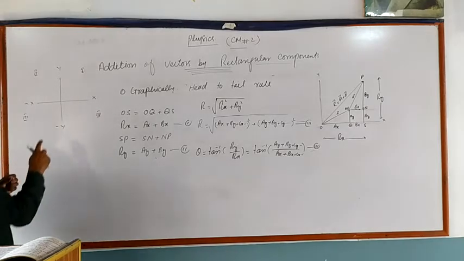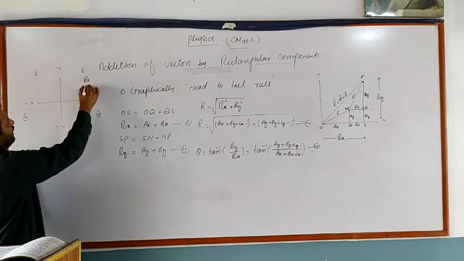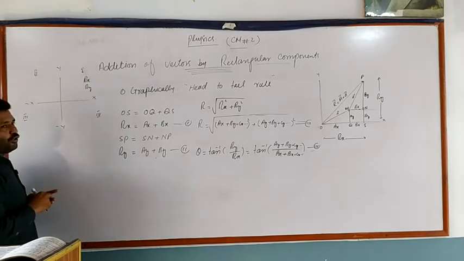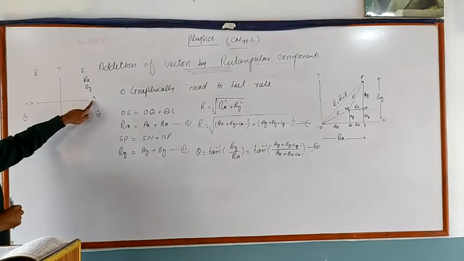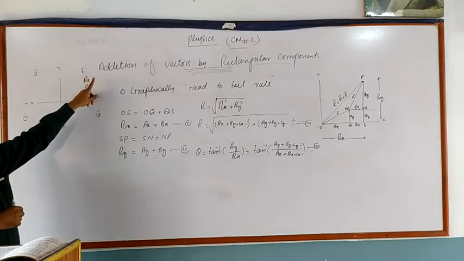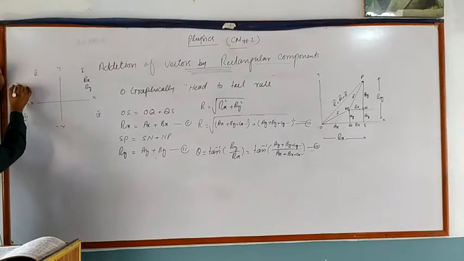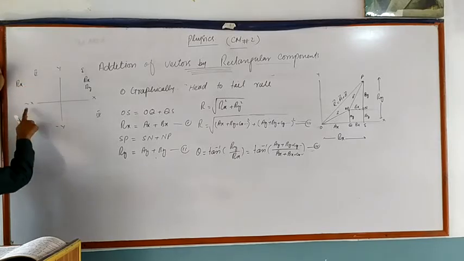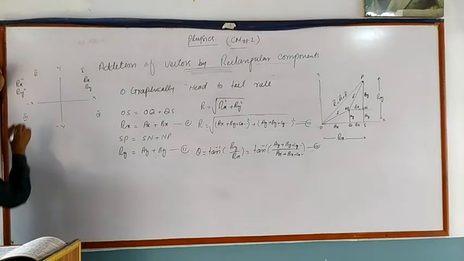Suppose a vector R lies in the first plane, then its components Rx and Ry, meaning both components of the vector, will have positive values. Suppose vector R lies in the second plane, second quadrant, its x component will have a negative value and its y component will have a positive value.